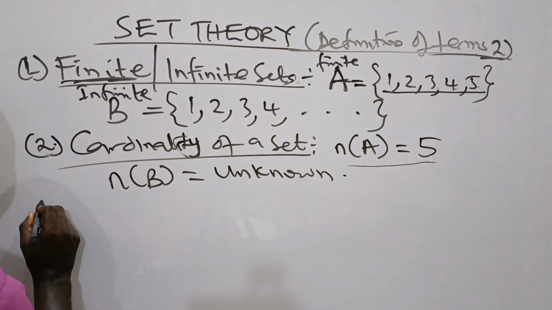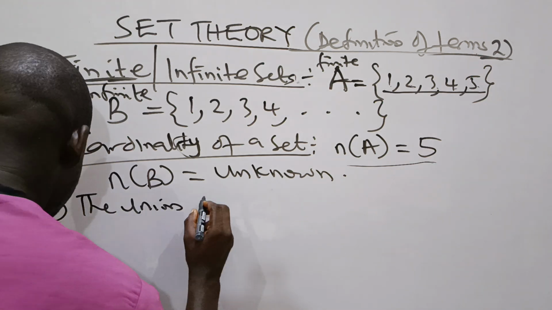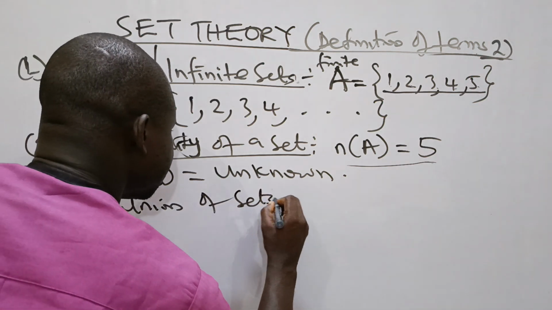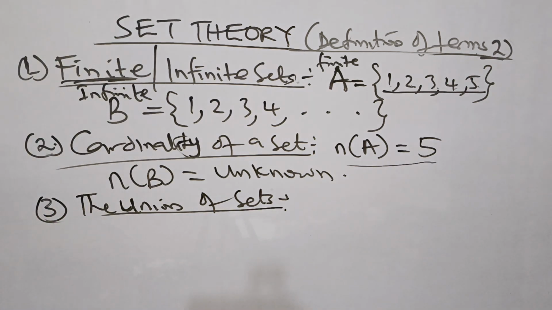Then another definition we are going to talk about is the union of sets. This is the third definition that we are going to do today, then we call it a day.